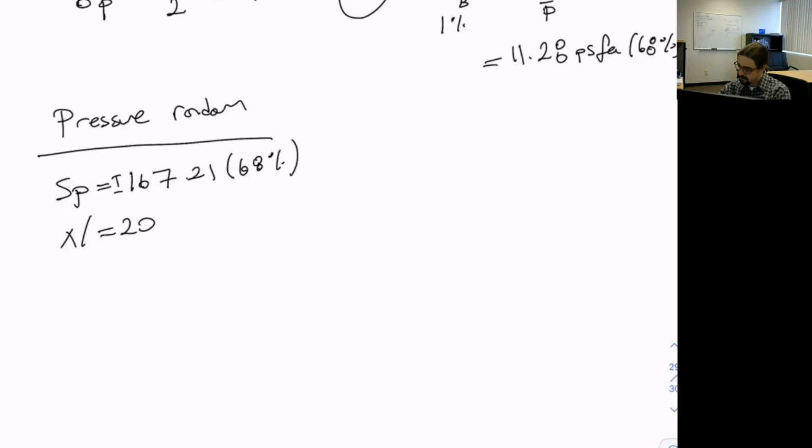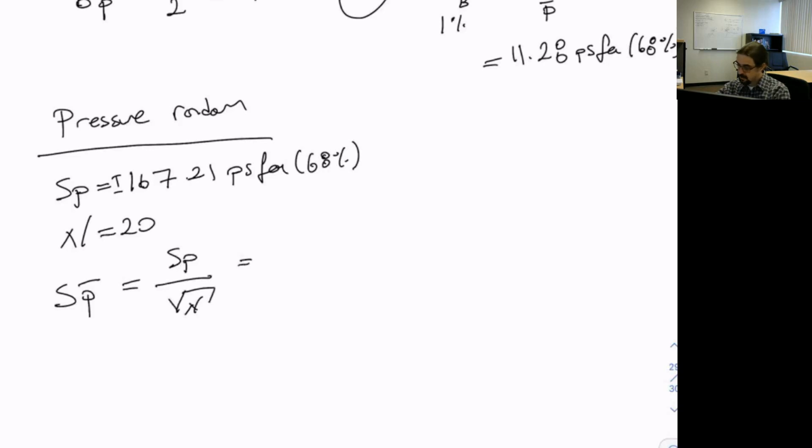Let's write the units, don't miss the units. It is PSFA at 68 percentile. All I need to do is calculate my standard error, which is defined as SP divided by square root of n, and that's going to get me 167.21 divided by square root of 20, which is 37.39.